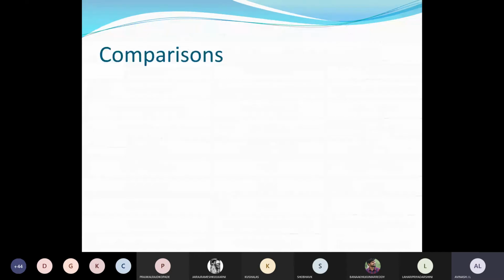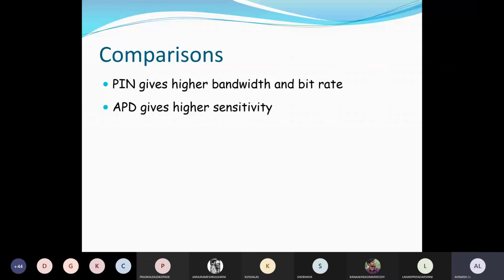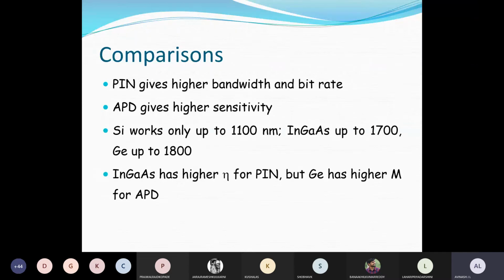After this, we'll go to the summary of the comparison. The first comparison is that a PIN diode gives higher bandwidth and higher bit rate. Once they ask you to explain or give the comparison between the PIN diode and the avalanche photodiode, we must be in a position to write this answer.